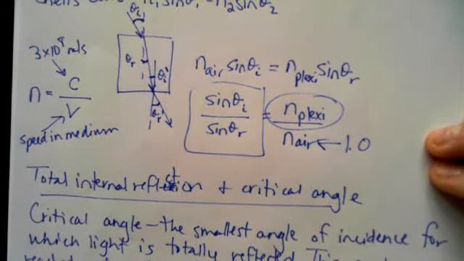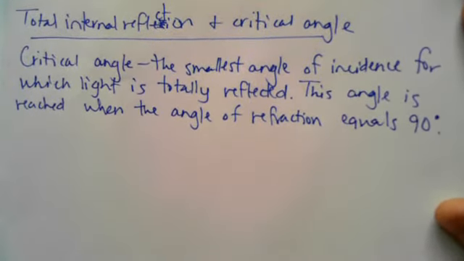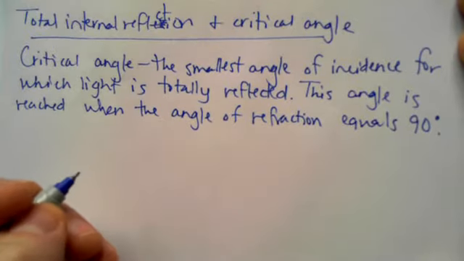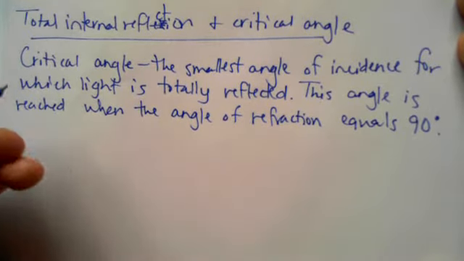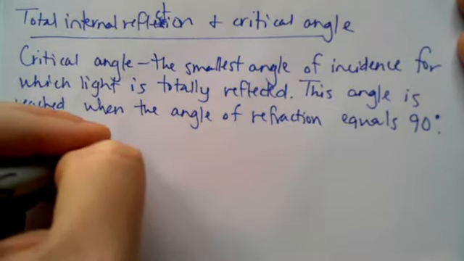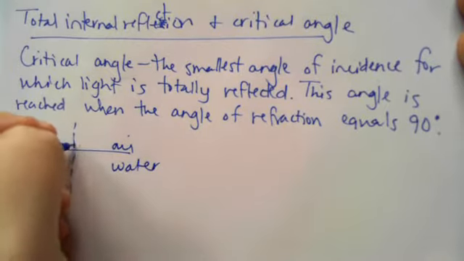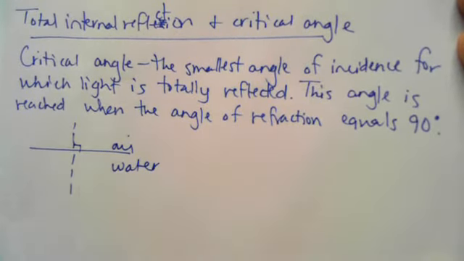So think of it like this. When you've got two mediums, you've got air, and let's say you've got water, and we have a normal, the line perpendicular to the surface.